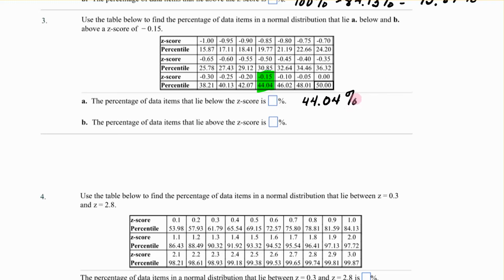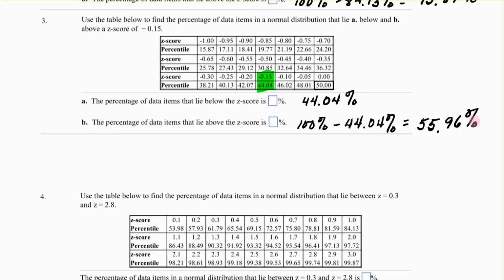On a bell curve, 44.04% would be to the left of this z-score. Okay, what percent lie above it? The rest of them. 100% minus 44.04%, and that gives us 55.96%. I'm just doing the subtraction off screen.